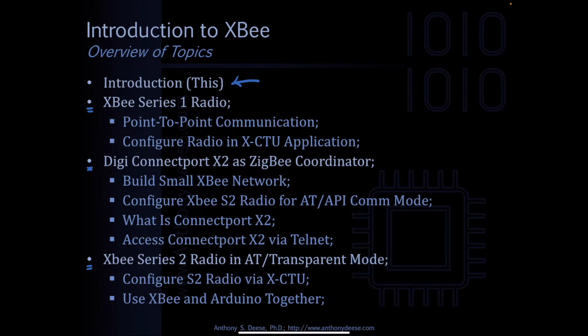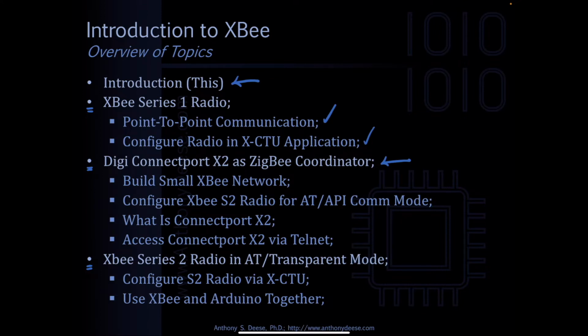Next module discusses the XBee Series 1 radio. We are going to talk about how that radio can be used for point-to-point communication, how we can configure the radio using the X-CTU application. We're going to use that application in several other sections of this. Next module will be the Digi Connectport X2 as a ZigBee network coordinator.